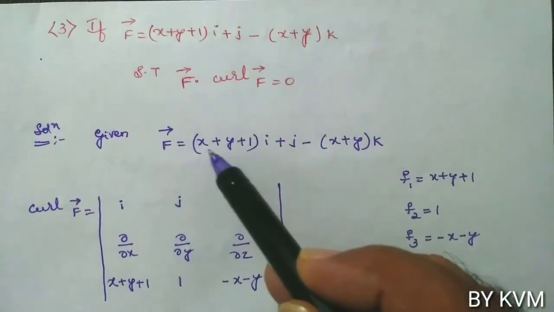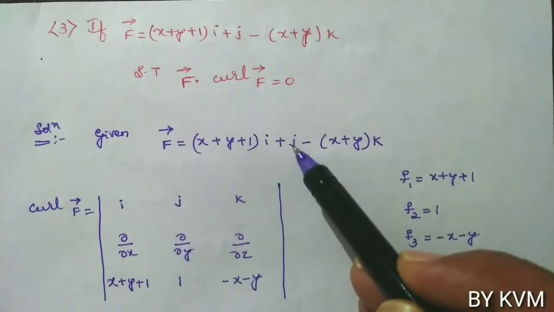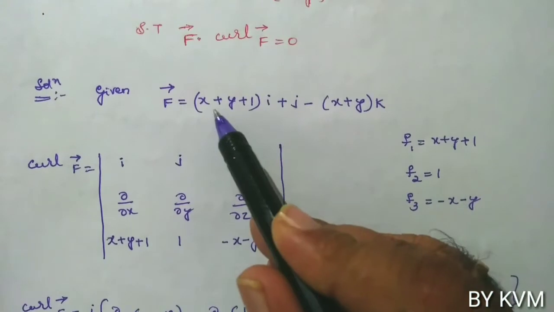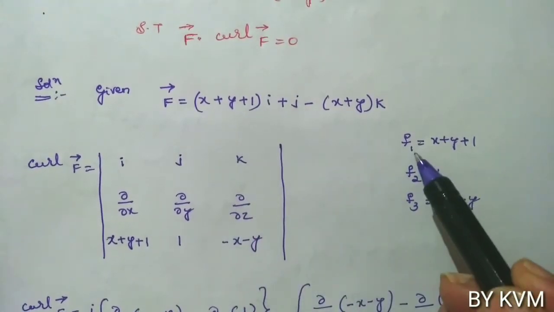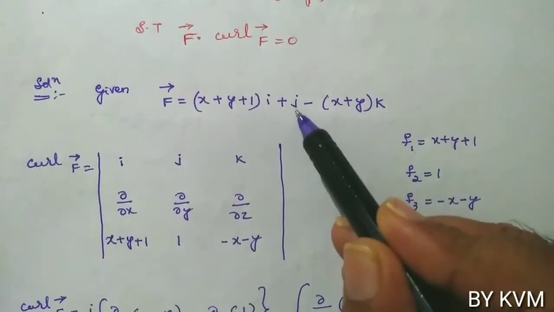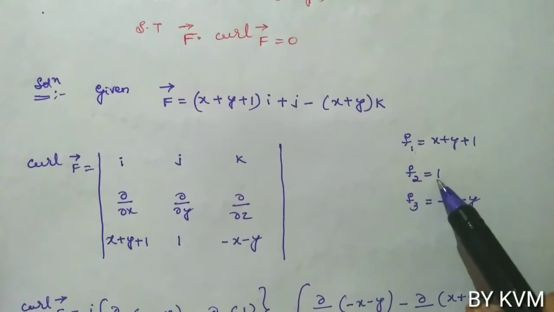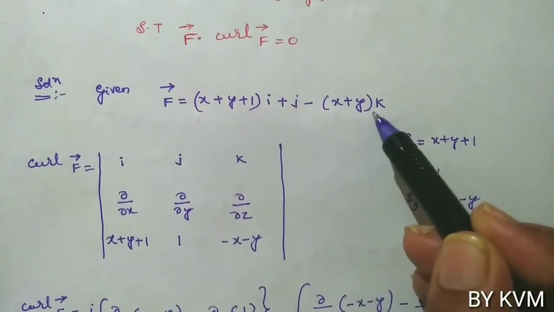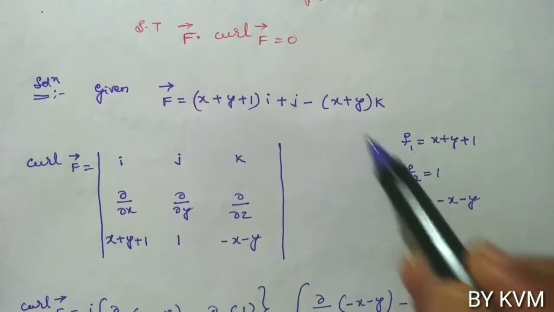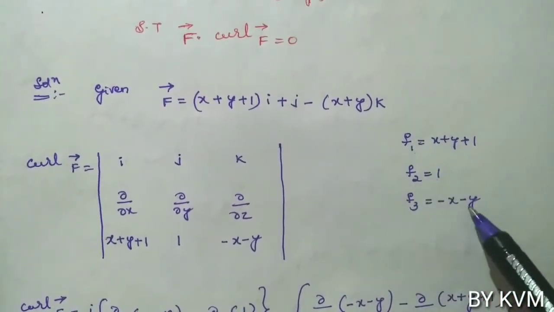So given vector f is x plus y plus 1 into i plus j minus of x plus y into k. So now coefficient of i, that is f1. So f1 is coefficient of i, x plus y plus 1. Then f2 coefficient of j, that is 1. Then take f3 as coefficient of k. Coefficient of k is minus of x plus y, that is minus x minus y.